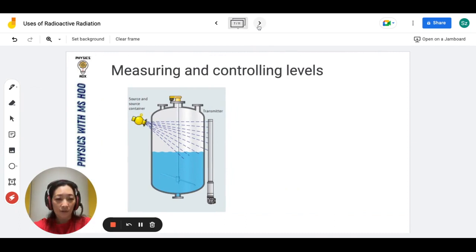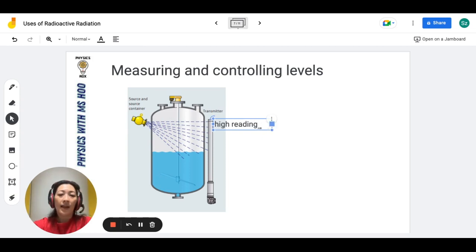We can also use the same concept to measure and control the levels of liquids inside a container. For example, over here we have the source that will shine the radiation at different levels, and on the other end, we have a series of detectors. Normally we place detectors at different levels in order to get the reading. Just like with the thickness, if there is nothing blocking it, you'll get a high reading, and if there's liquid in the way, the reading will become low.